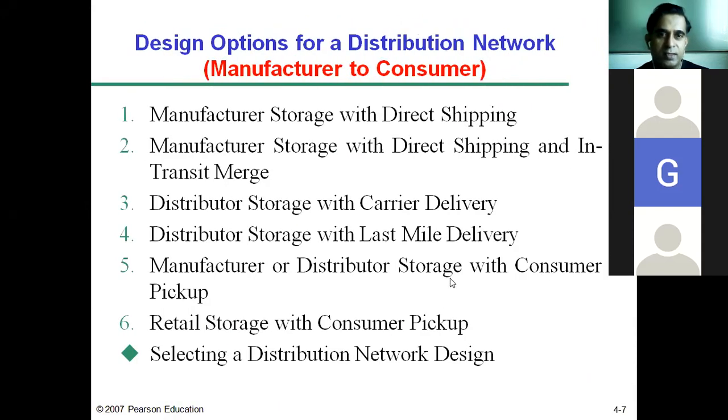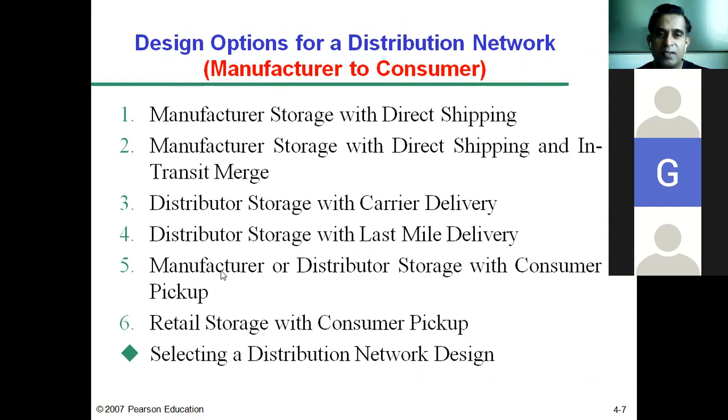Among these six types of design options for distribution networks, we have completed the retail storage with consumer pickup and the remaining ones from 1 to 4, including distribution storage with last mile delivery. We took the example of LPG distribution in India.